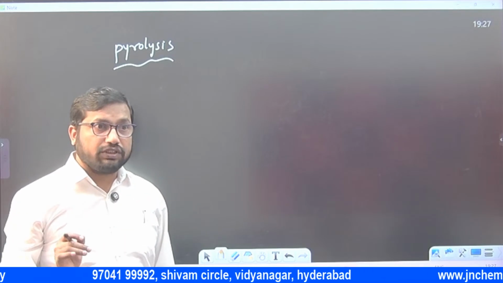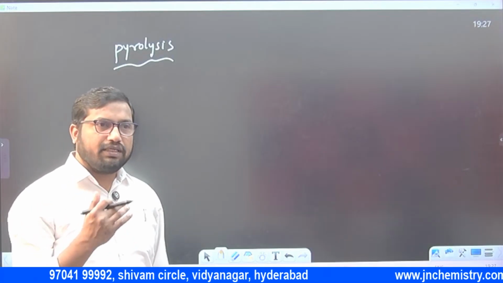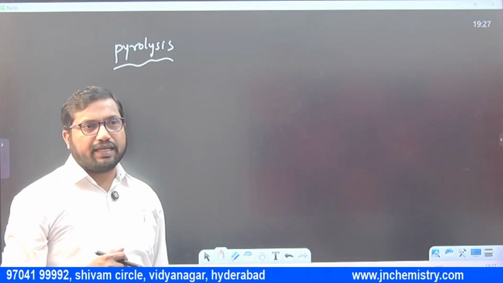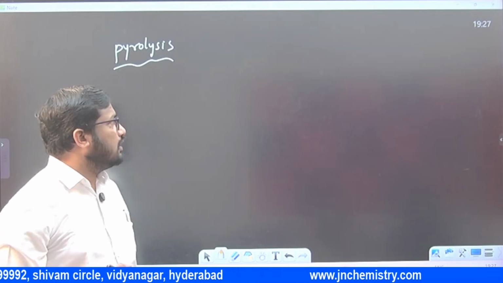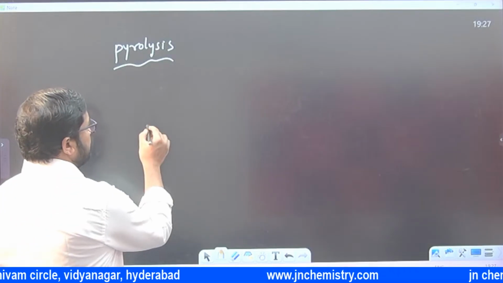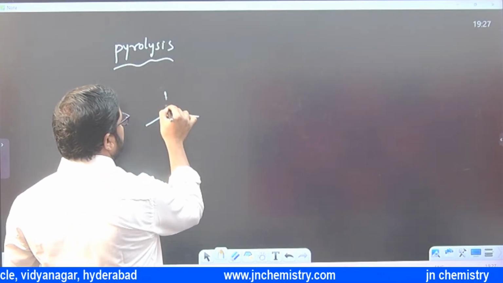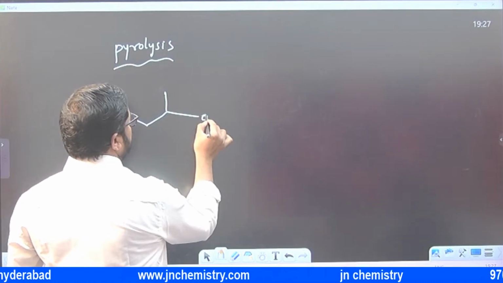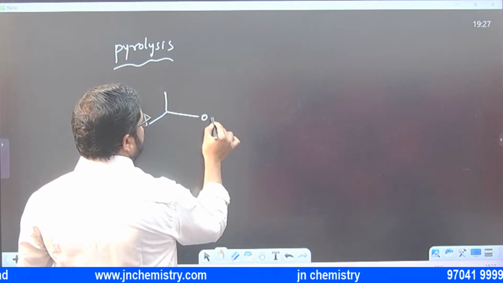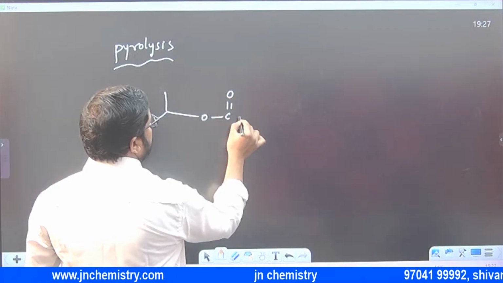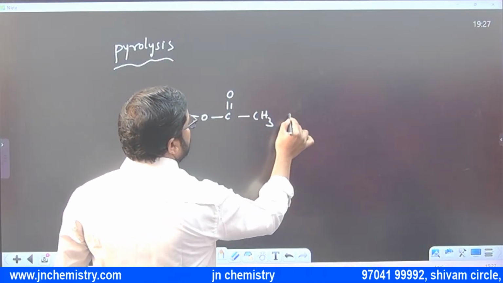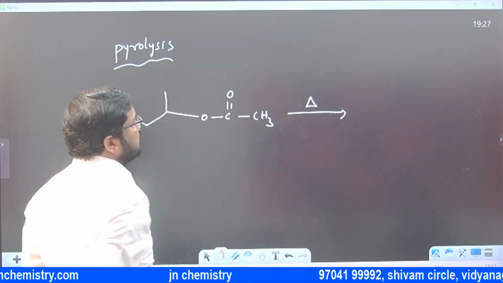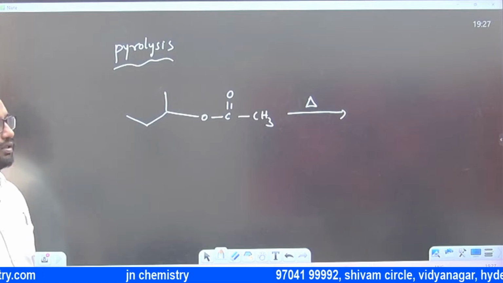We don't know which type of products are forming, but it should be lesser alkenes as well as alkanes. From esters, Nana, for example, this is an ester, right?